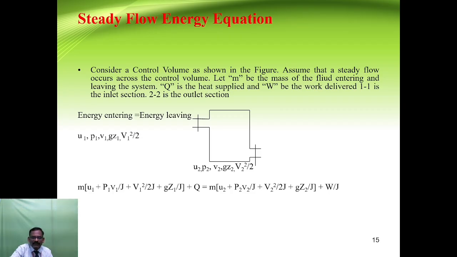That means the total energy leaving is the summation of the internal energy, flow work, kinetic energy, potential energy and the work delivered. So these should be equal. This final equation, based upon the concept of the first law, is called the steady flow energy equation.